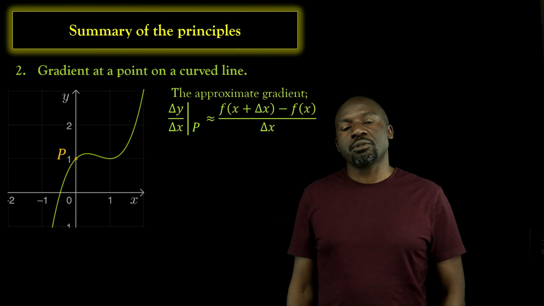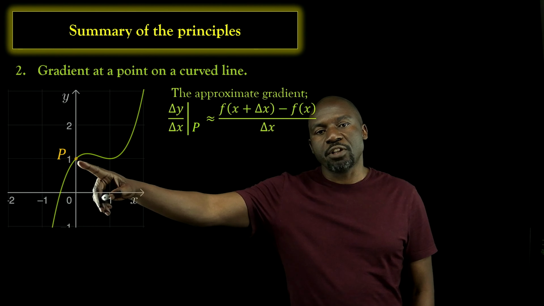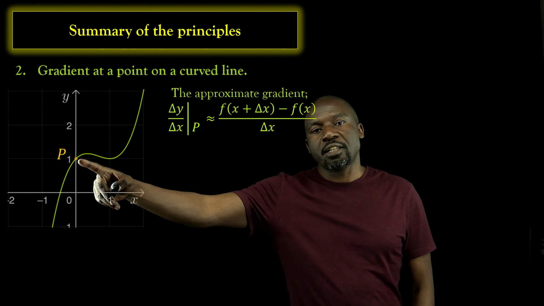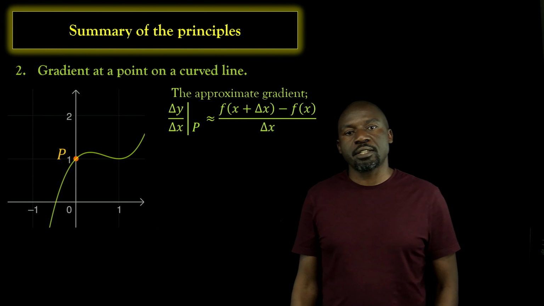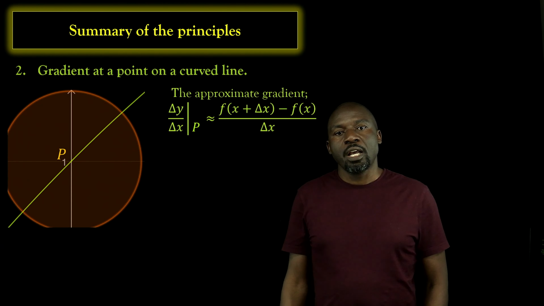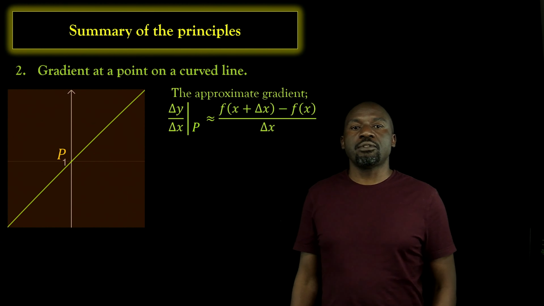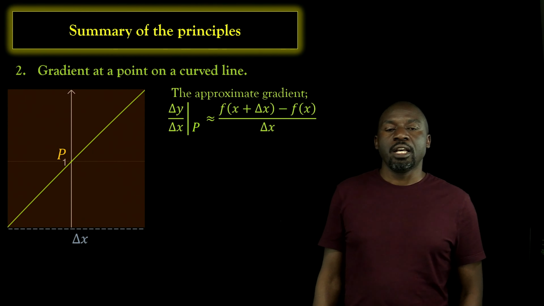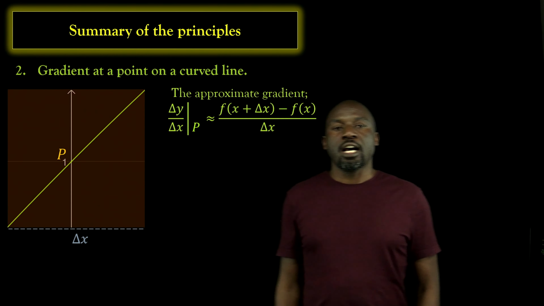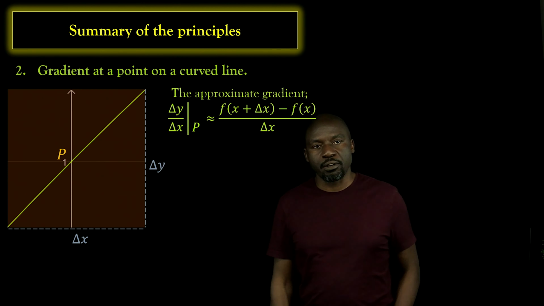It would be reasonable to talk about the gradient of that point, because if we take a small region like that, the line inside that region is relatively flat. Let's zoom into that point, and you can see that when we get close, we have almost a straight line. In this case, it is now possible to find the change in x and the change in y, and then we can use this formula here to find the gradient of the line.